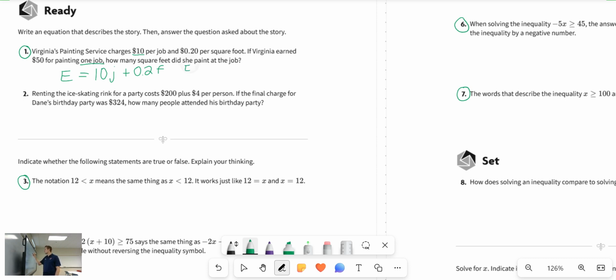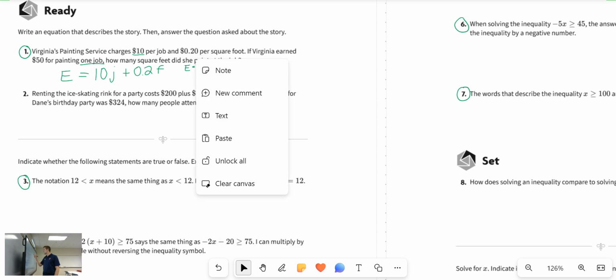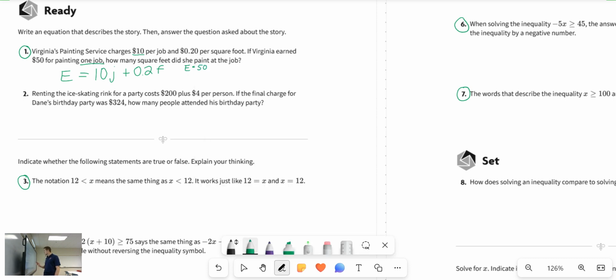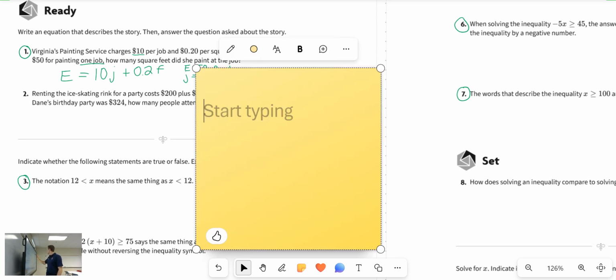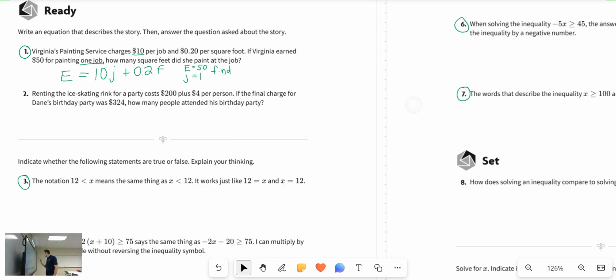All right, so then we are going to fill in. If E is equal to 50, because she earned $50, and she only did one job, that would mean that J equals 1, then we're finding F. Find F, that is the goal.